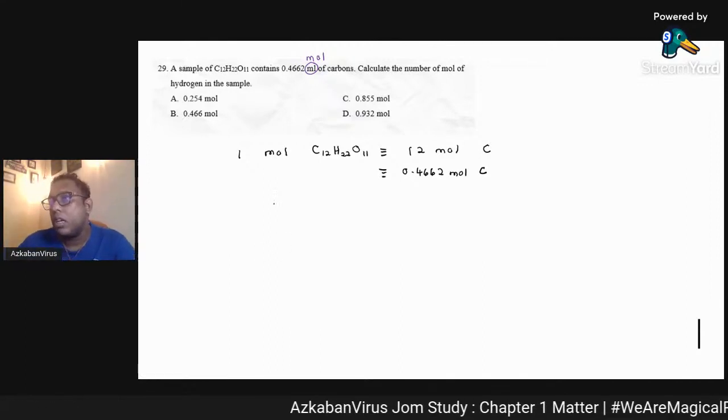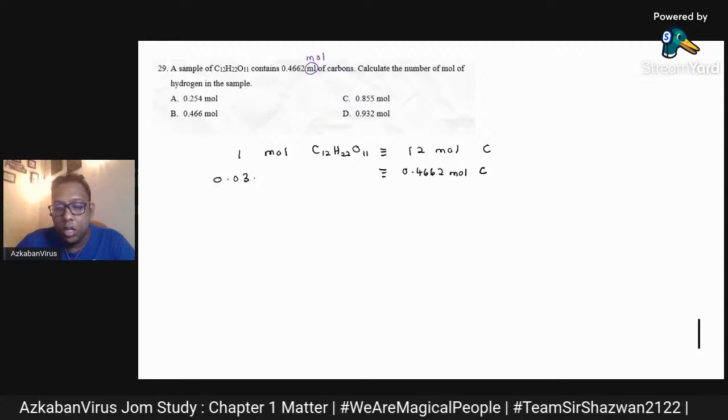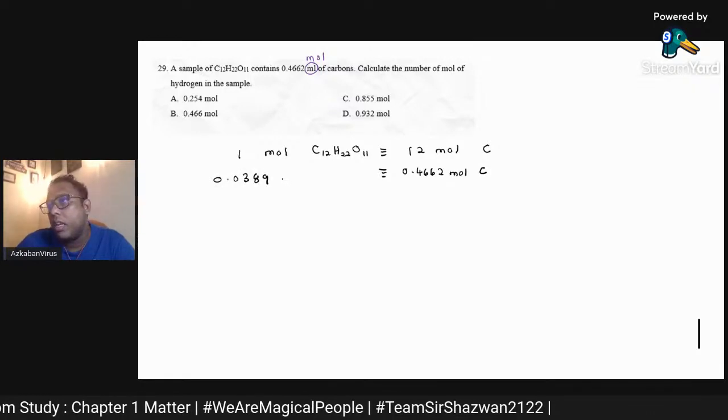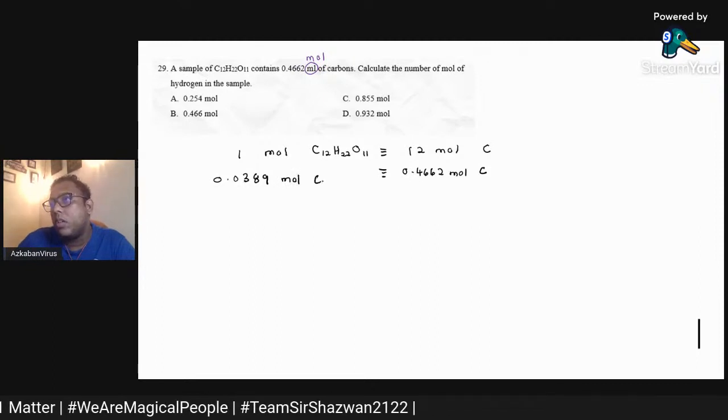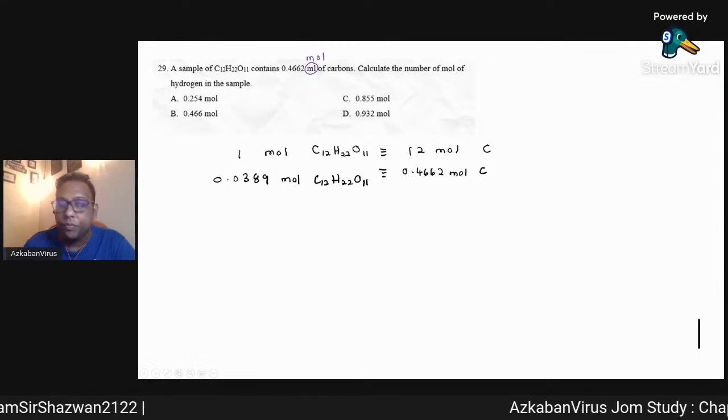Ini sama dengan 0.0389 mole of C12H22O11.